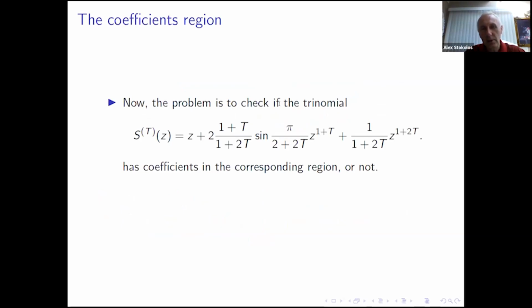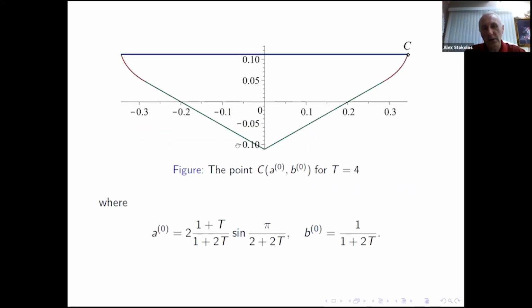So the problem now, if you want to say something about trinomials, is just, this is a form of trinomial for the Suffridge case, to check if these points are in that region or not. And we have done it, and it turns out that for the Suffridge polynomial, the coefficients are sitting in this angle.